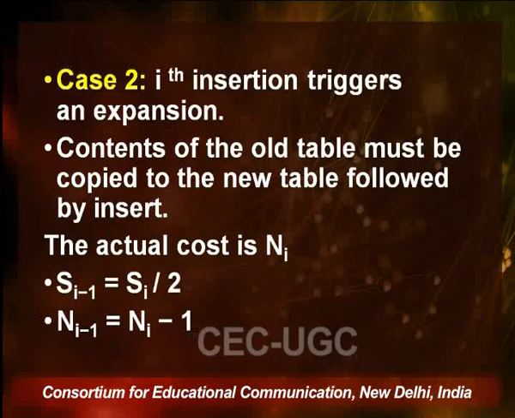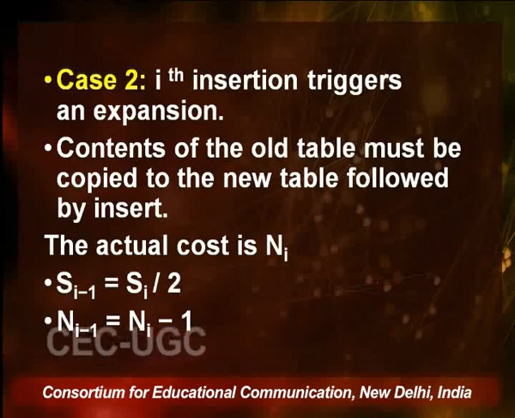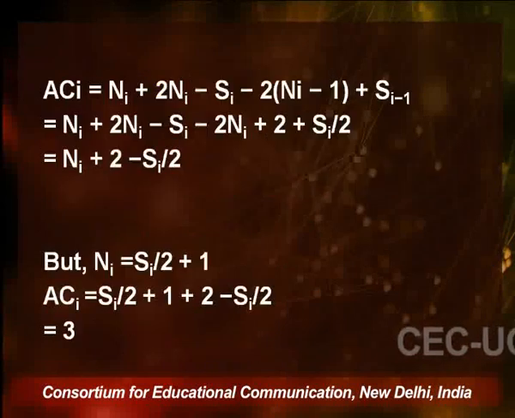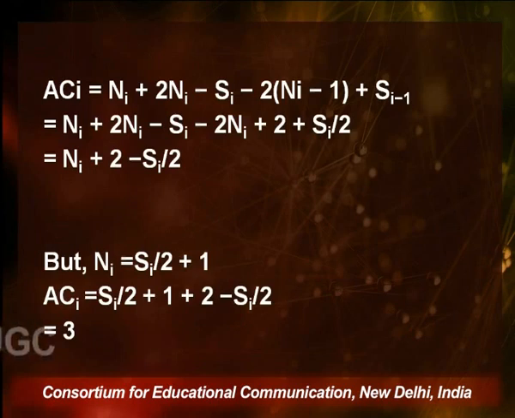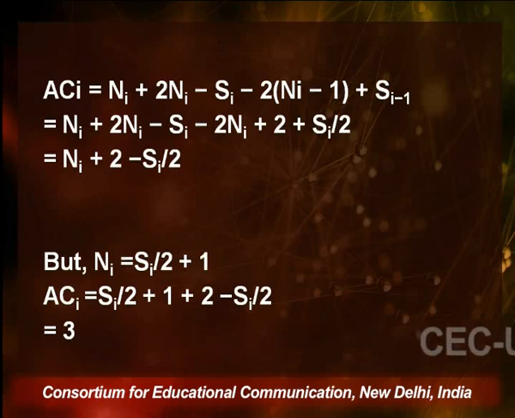And we have n of i minus 1 is equal to n of i minus 1. That is the number of elements which we are going to have here. So now, by putting all these values in the equation of amortized cost equals actual cost plus the potential difference, and by doing some simple calculations, we end up with the result that the amortized cost in this case also is equal to 3, which is a constant.